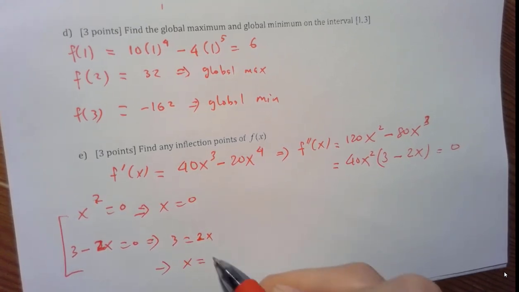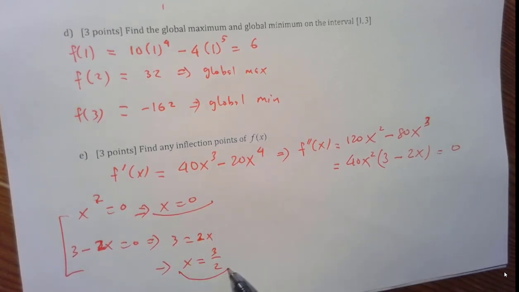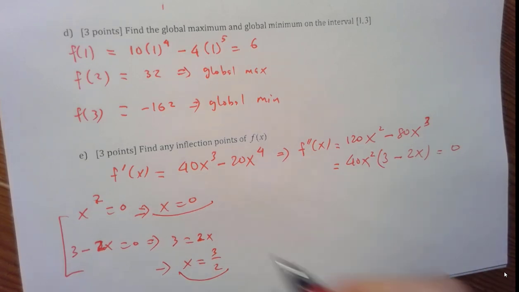I get x to be 3/2. So x equals 0 and x equals 3/2. These two are the critical points.